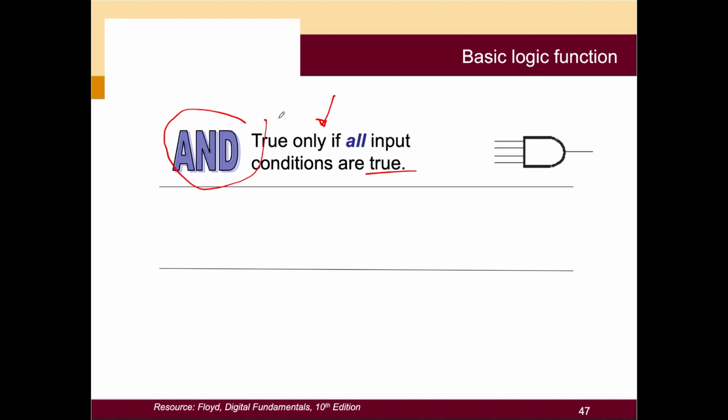the output will only get 1 or on or high if all the inputs are 1 or high or on.